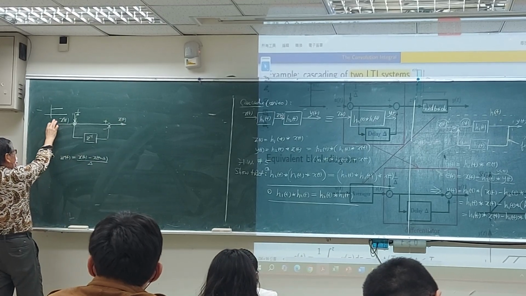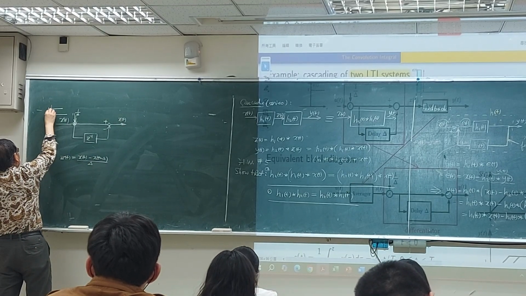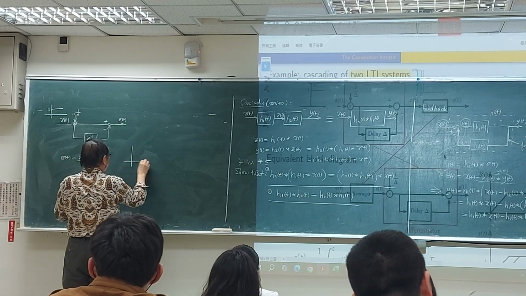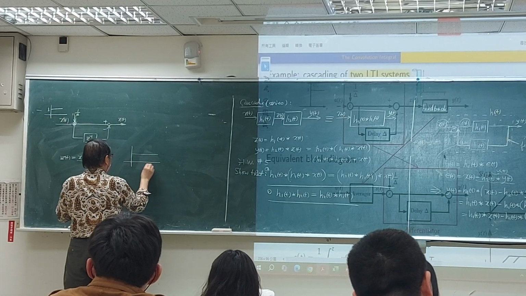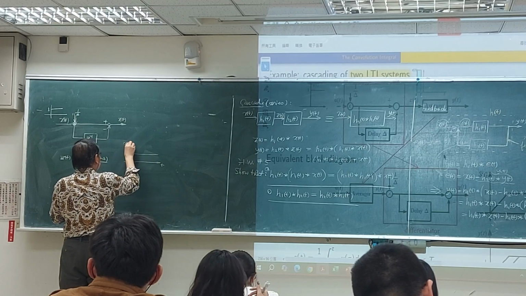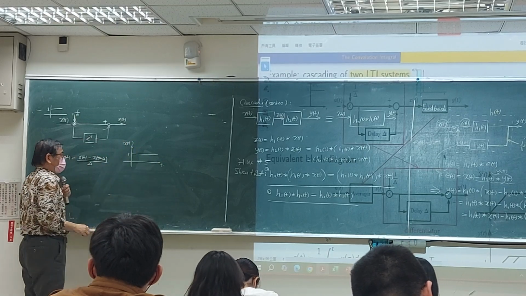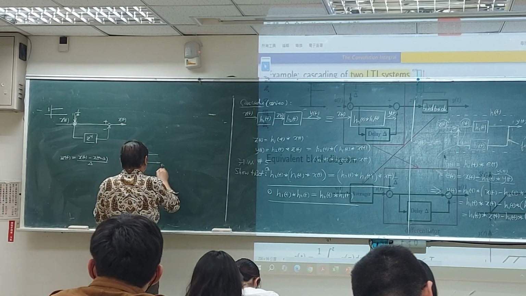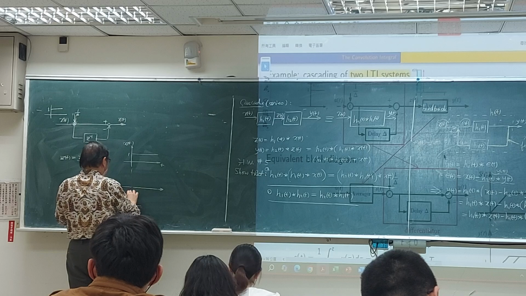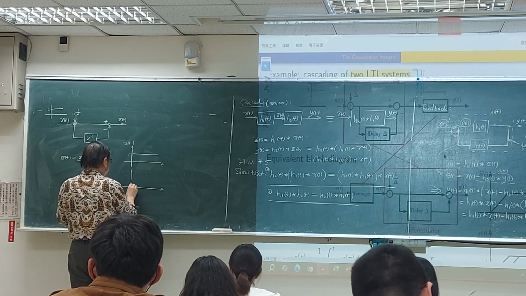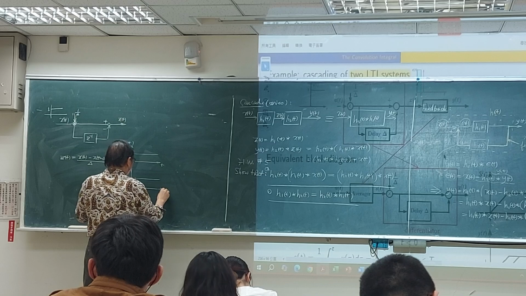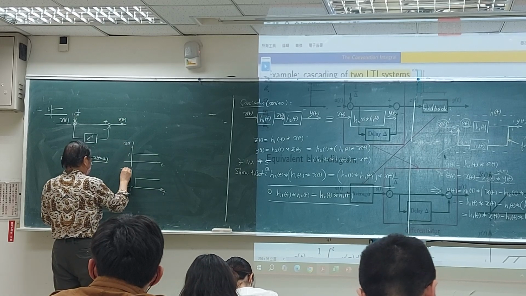Now, if the input X of t is a unit step, what do I have here? We have a unit step X of t, the magnitude is 1. And then we have another one step delay, X of t minus delta.